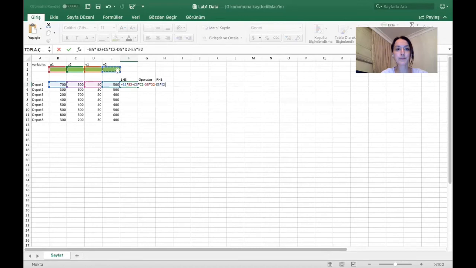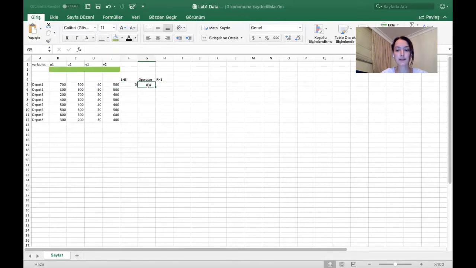Okay, and in order to reuse this expression, we should add dollars to the coefficient cells. Okay, this is the left-hand side. As you know, our operator is less than or equal to, and right-hand side is 0. Now we can reuse this. Let me correct this part.